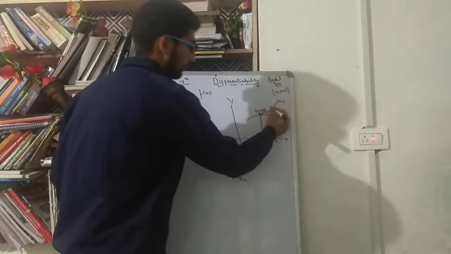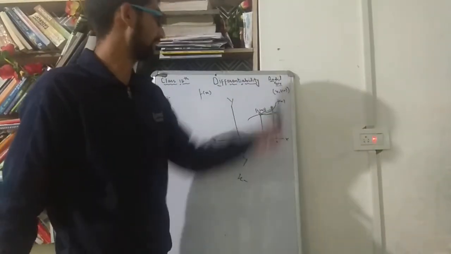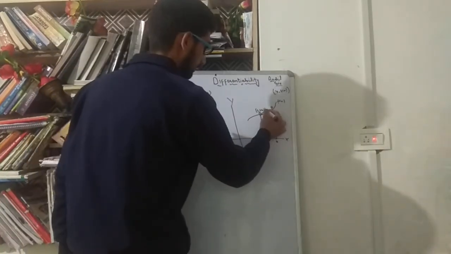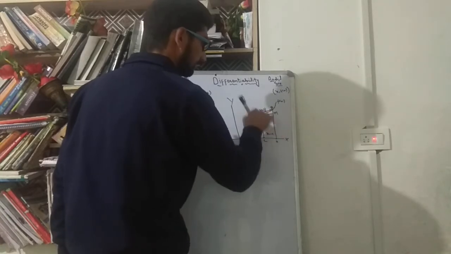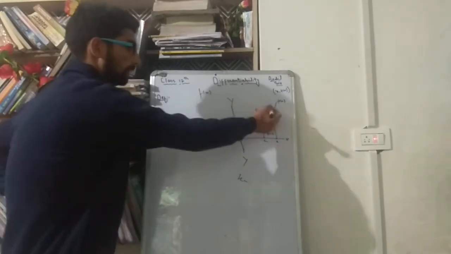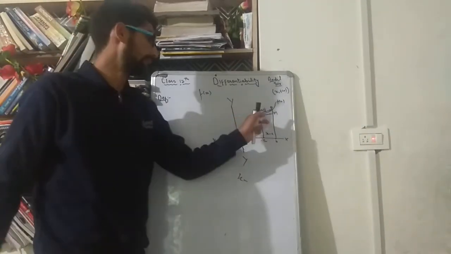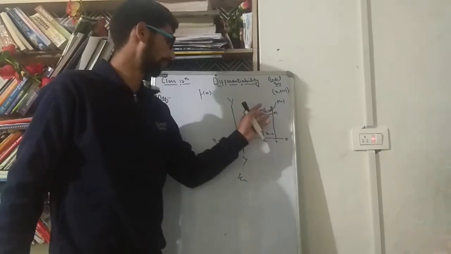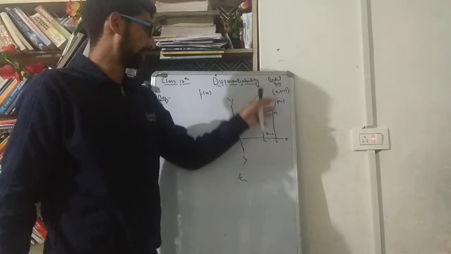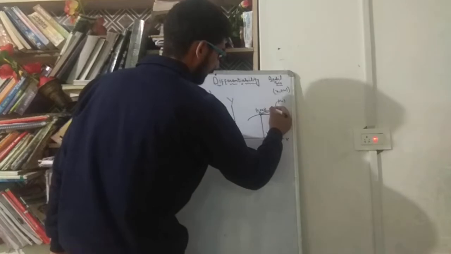We have the coordinates of Q as x comma f of x. Now PQ is the line joining the points P and Q. Clearly, in this triangle PMQ, if I find the slope of PQ, we know that the slope of a line is the perpendicular divided by the base.